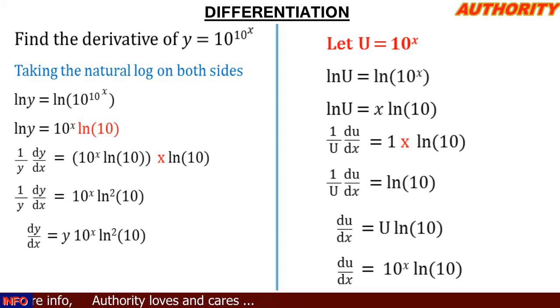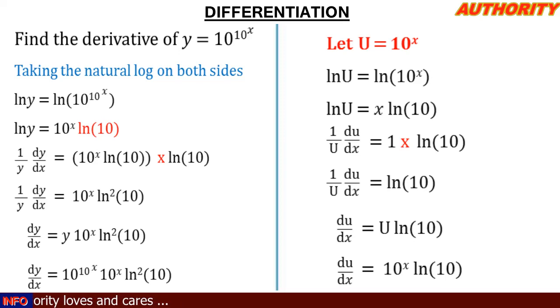But you recall from the beginning that y is equal to 10 raised to power 10 raised to power x. We bring it back. So bringing it back, we have dy/dx is equal to 10 raised to power 10 raised to power x, multiplied by 10 raised to power x, multiplied by ln squared 10.